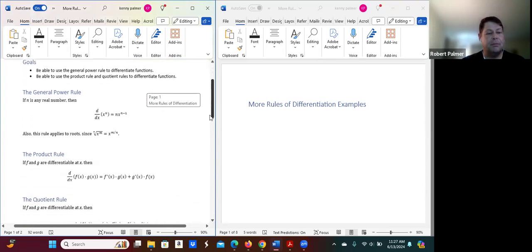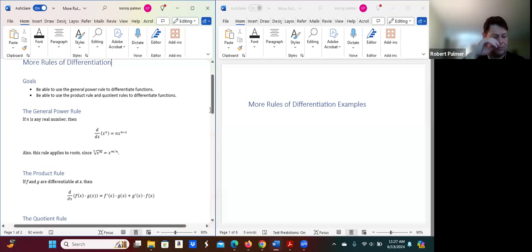So let's talk about the general power rule. The regular power rule, we often said, applies if you have a polynomial where x is raised to a positive integer like 0, 1, 2, 3, and so forth. That power rule said that you bring the current power, the n, down front, and then you subtract 1 from that to get your new exponent.